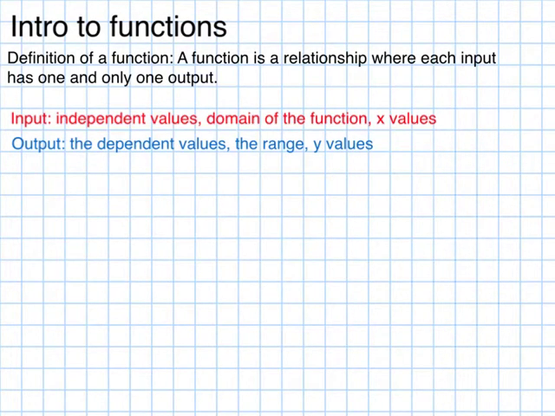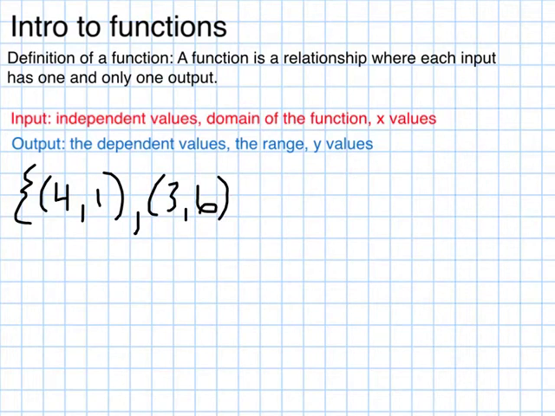Alright, so let's say here we have a relationship: 4, 1, 3, 6, 2, 7. Let's decide if this relationship is a function or not.